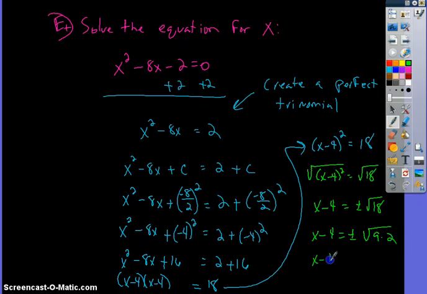So it's x subtract 4 equals positive or negative 3 square root of 2. And if you want to get x alone, you add the 4 to the other side. Final answer is x equals 4 plus or minus 3 square root 2. And that's it. That would be the solution.